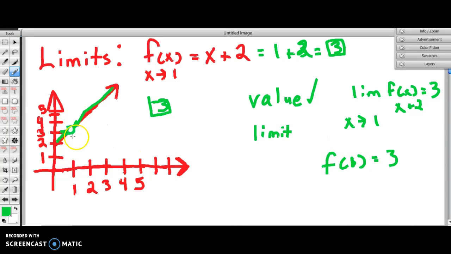Let's look further. If we look at this graph here, we see that we have an empty circle. The limit as x approaches 1 of x plus 2 is 3, but the value is undefined.